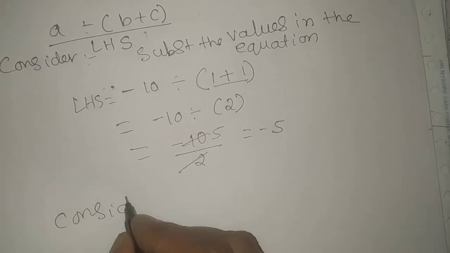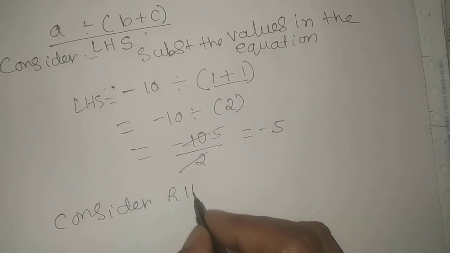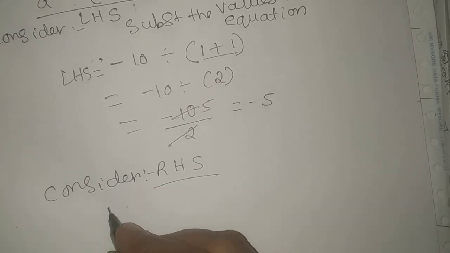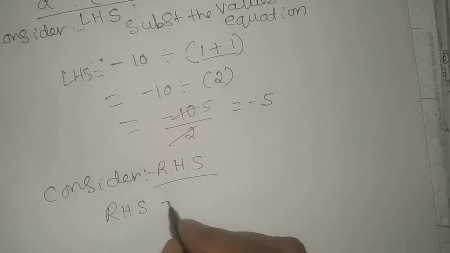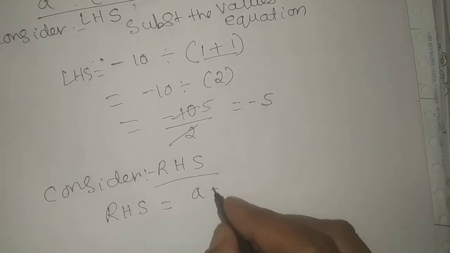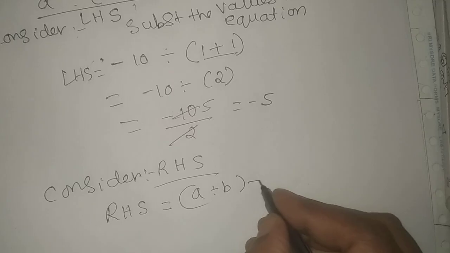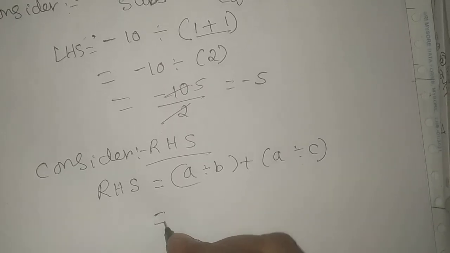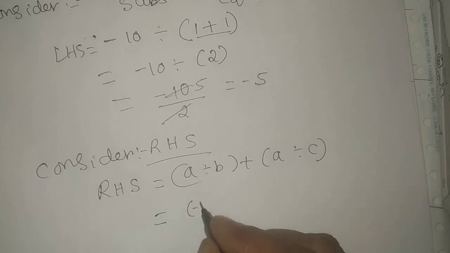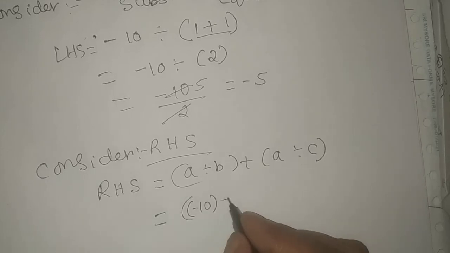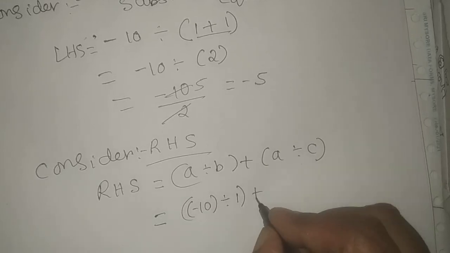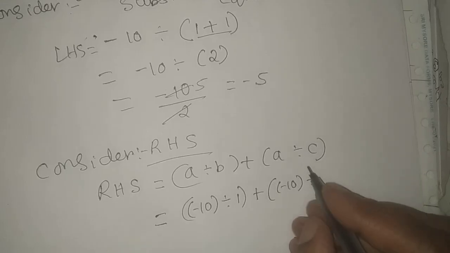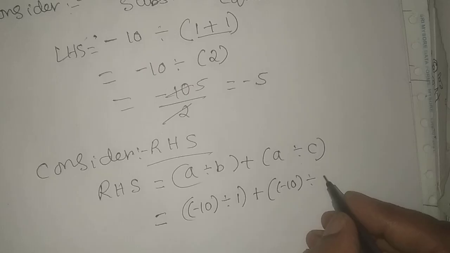Now consider RHS. RHS is equal to A divided by B plus A divided by C. So A is minus 10 divided by B is 1, plus minus 10 divided by C, which is also 1.